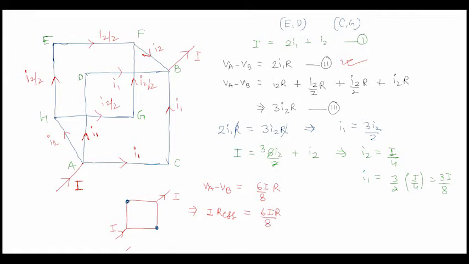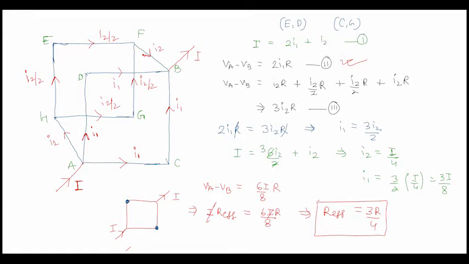So over here we obtain that the effective value of resistance is equal to 3R by 4. So this is the alternate method for solving this kind of a circuit. Let us move to the next part which the question was asking us.